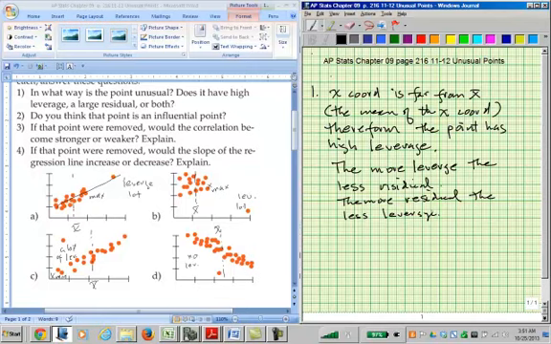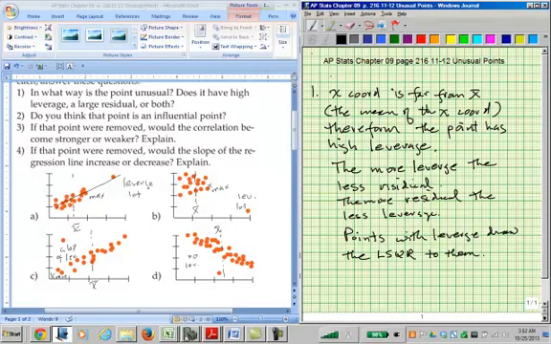A point with leverage, that is a point that is distant from the mean of the x-coordinates of the rest of the points, is going to draw the least squares regression line to them by means of leverage.